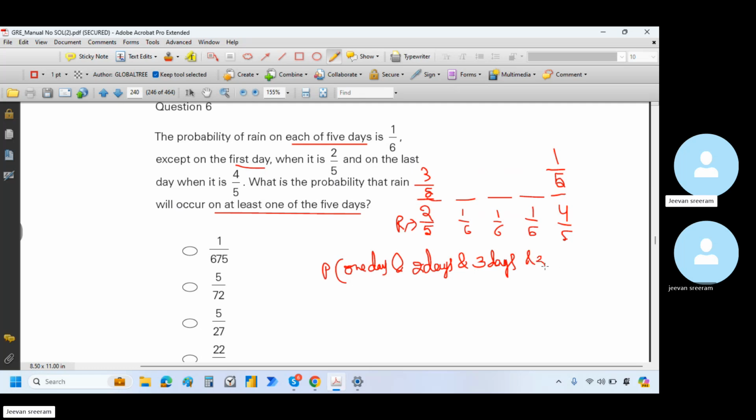So he's also asking for 4 days rain. At least 1 day rain means he's asking for rain almost all the days. 4 days rain and also 5 days rain.